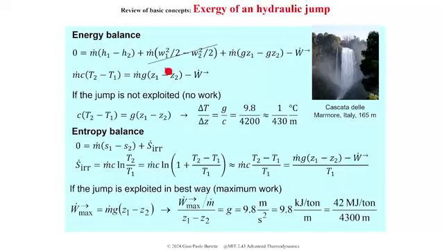In this case, what's important is the potential energy, which of course changes from this elevation to the elevation at the bottom, where then the water goes away. You can neglect instead the kinetic energy. So the energy balance reads like this.